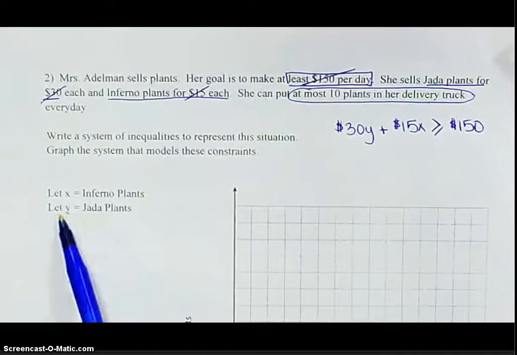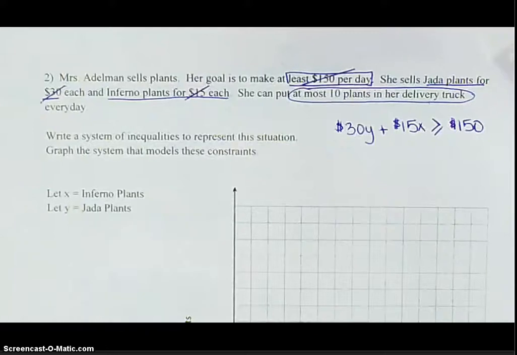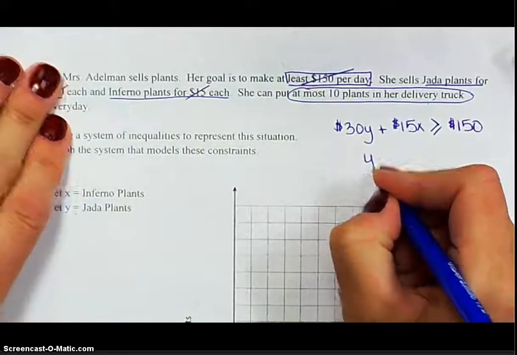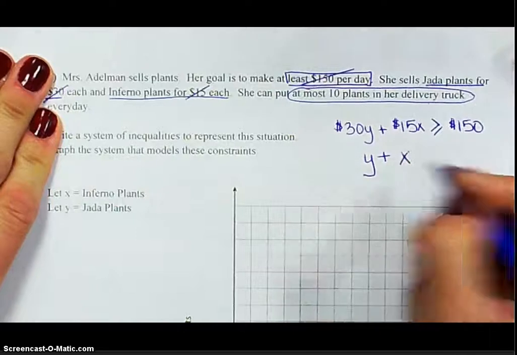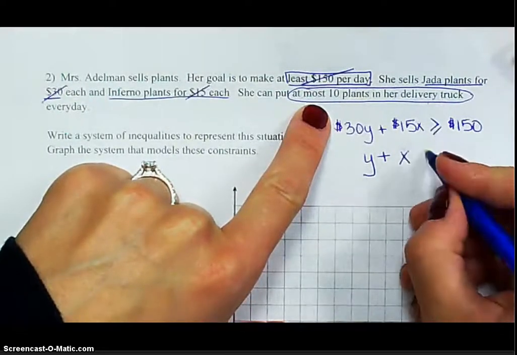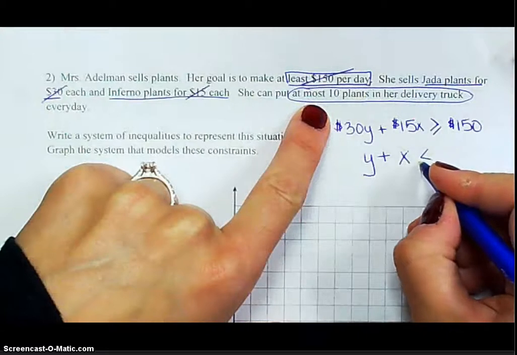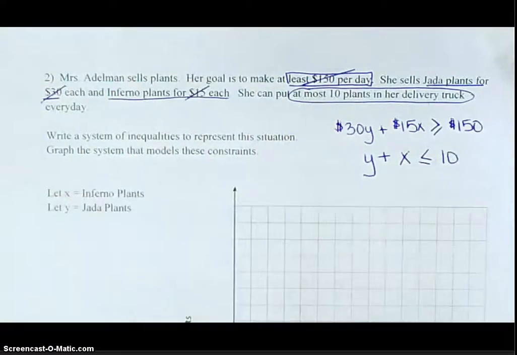What operation is together? Correct, addition. So our second inequality is x plus y, and since she cannot put more than 10, it has to be less than or equal to 10. And then we've got it.